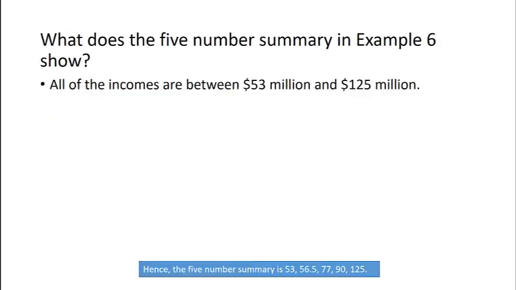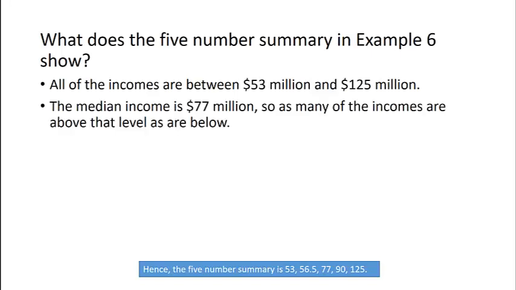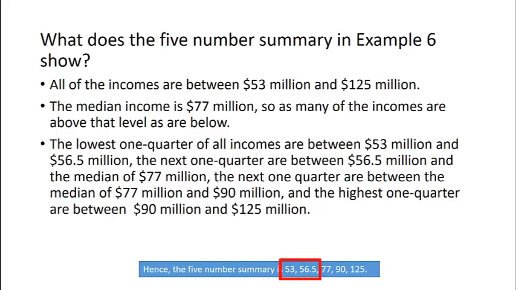Now, what is this telling us? What does the 5-number summary show? Well, it tells us that all of the incomes are between 53 and 125 million, between our minimum and our max. And because the median income is 77 million, it tells us as many incomes are above that level as below. The lowest 1/4 of all incomes were between 53 and 56.5 million.